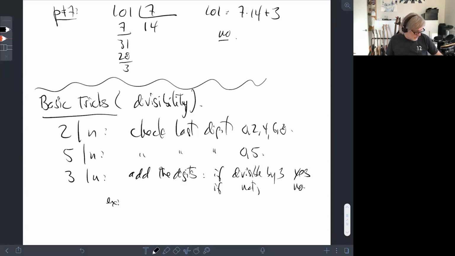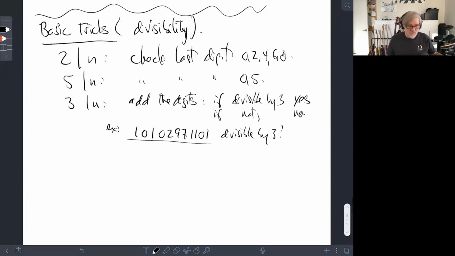Let's do a bigger one. Let's say 10102971101. I want to check, is this divisible by 3? I haven't proved this, right? I'm not giving you a proof. It may be an exercise. It's probably an exercise. It's not super hard, but ooh, I've lost people. Okay, so I'm going to go 1 plus 1 plus 2.